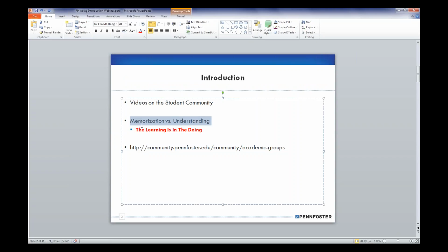Let's say you have an American history textbook, and chapter 1 is on the American Revolution, chapter 2 is on the War of 1812, and chapter 3 is on the Civil War. What students will do is they'll read chapter 1, memorize some stuff, work through the answers on the test, and then they move on to the War of 1812.